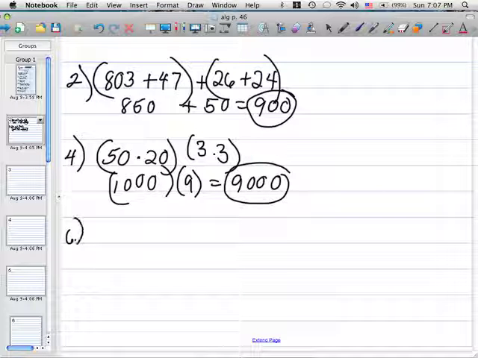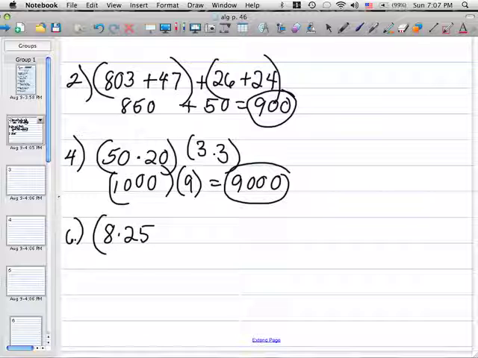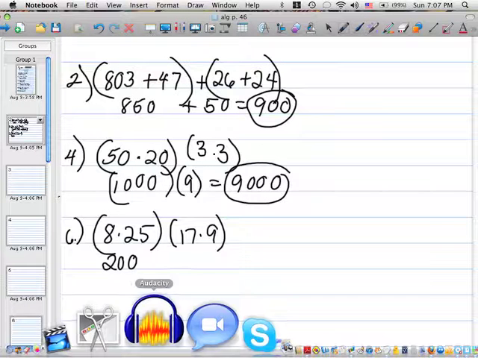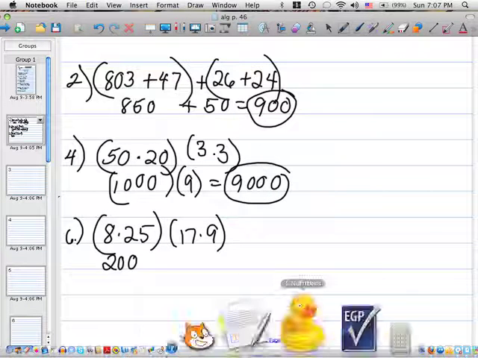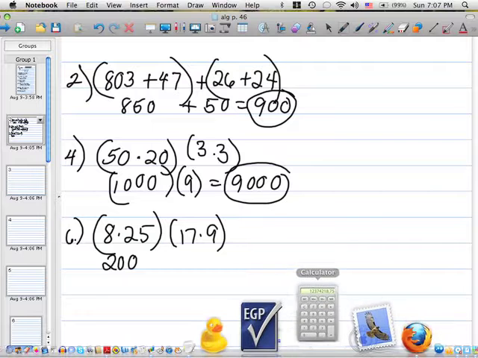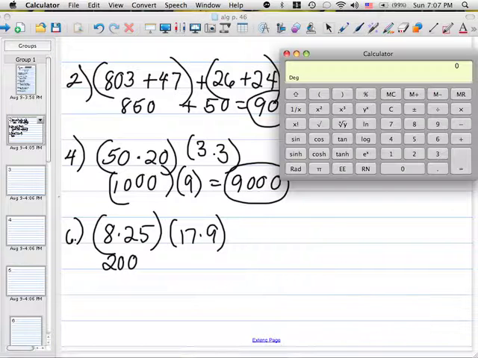Problem number 6. Looking at it, I see 8 times 17 times 9 times 25. Well, the 8 times 25, 8 quarters, is going to be 200. And then I have 17 times 9. Probably use your calculator if you want to on the 17 times 9.